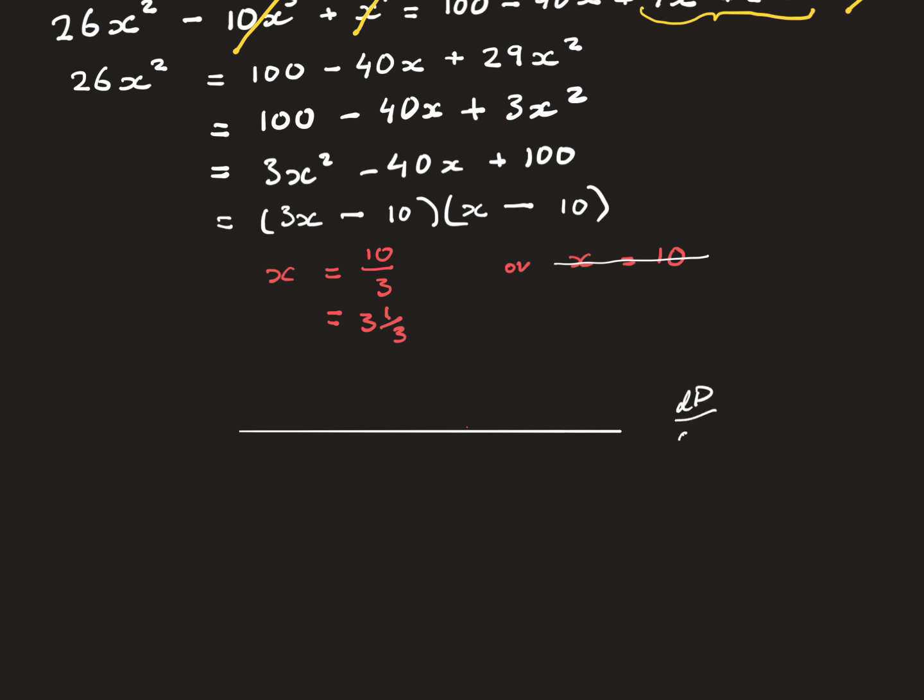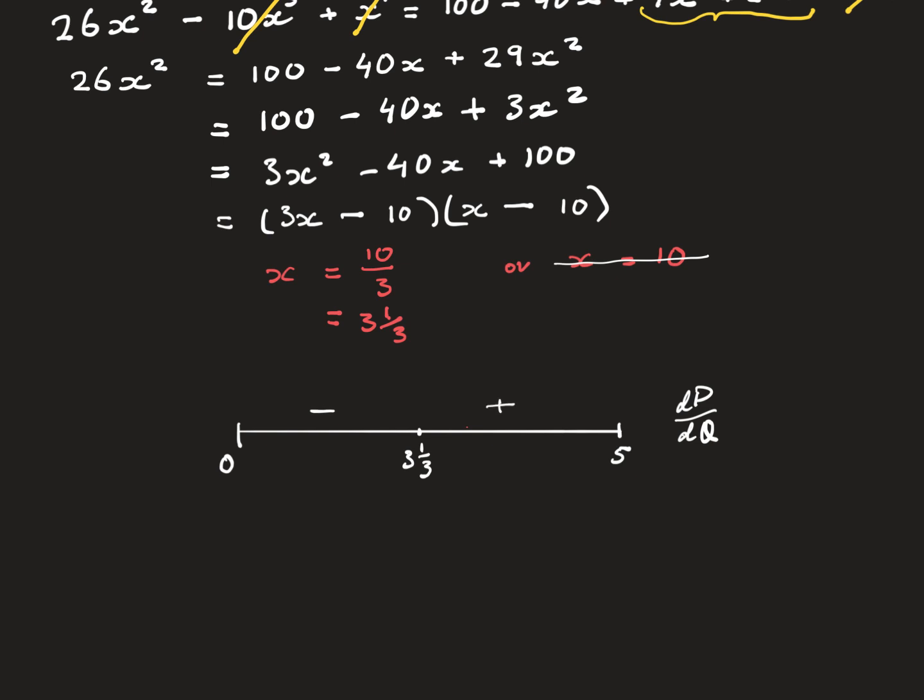If we draw the sign diagram for this, dP/dx, and start at 3 1/3 here, we can have 0 and we go up to 5. We could insert any number between here, like 0, into our dP/dx, and we would find that we will have a negative value here and a positive value over here.